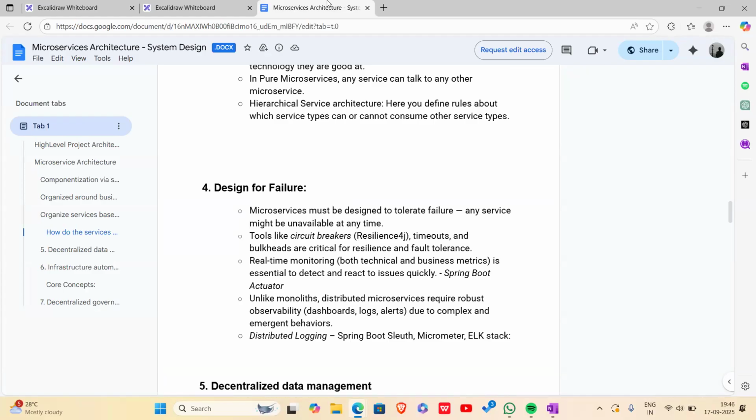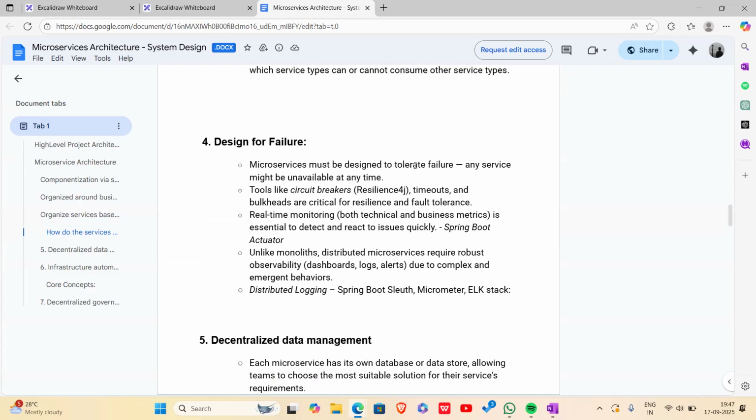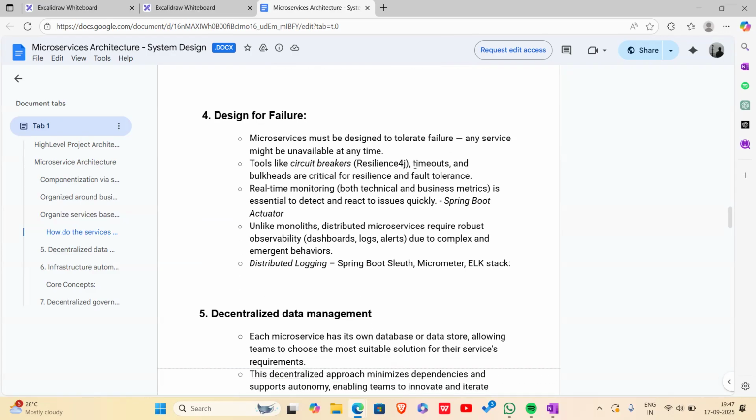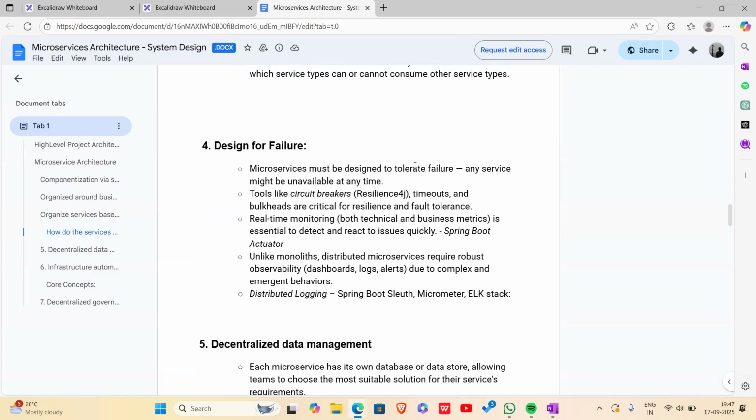Real-time monitoring, both technical and business metrics, is essential to detect and react to issues quickly. Unlike a monolith, distributed microservices require robust observability, like dashboards and logs, due to the complex environment, emergent behaviors, and distributed logging.